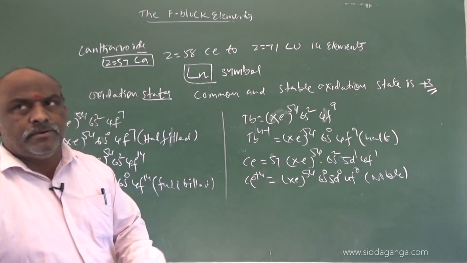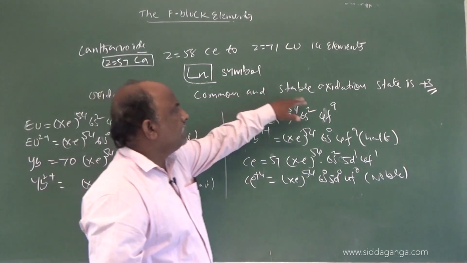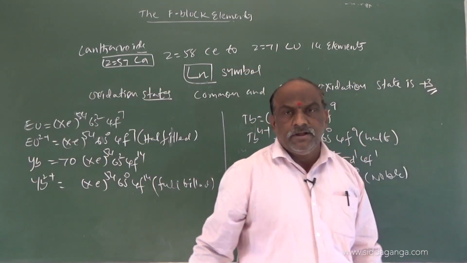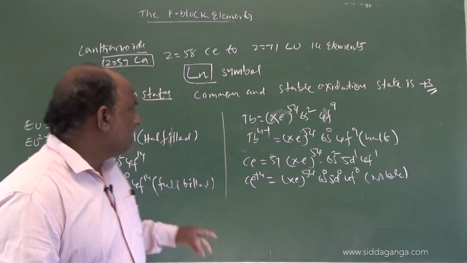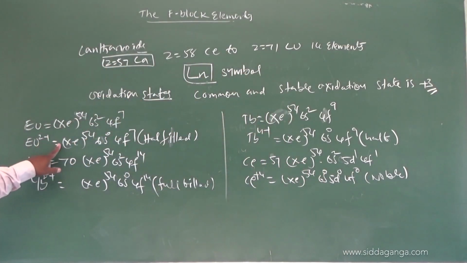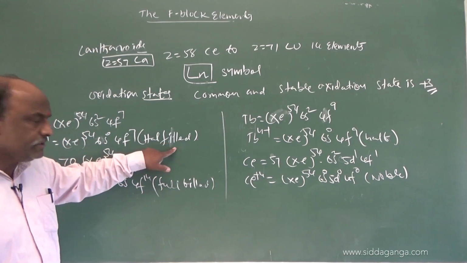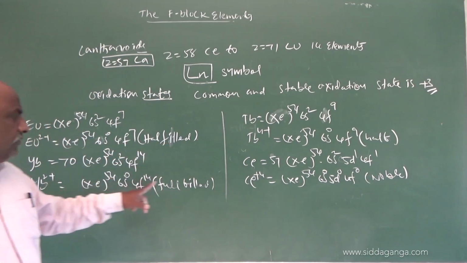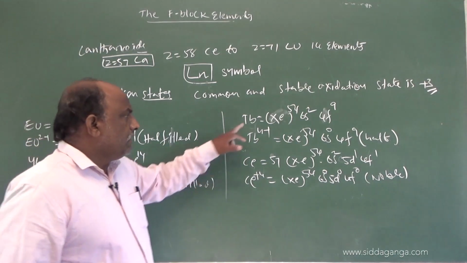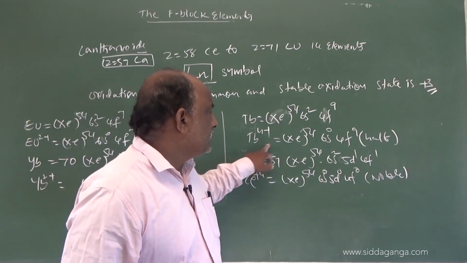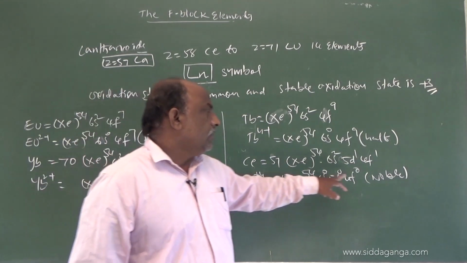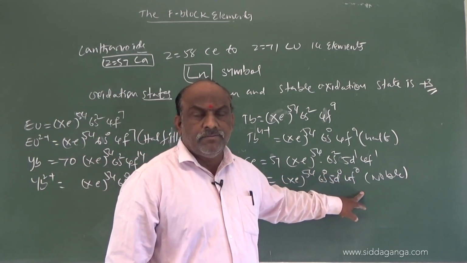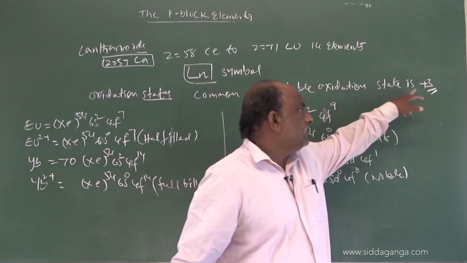So according to these configurations, before this you should remember this point: the common and stable oxidation state of lanthanides is +3. While coming to Eu2+, half filled electronic configuration, Yb2+, fully filled electronic configuration, Tb4+, half filled electronic configuration, Ce4+, noble gas configuration. But the stable oxidation number is +3.